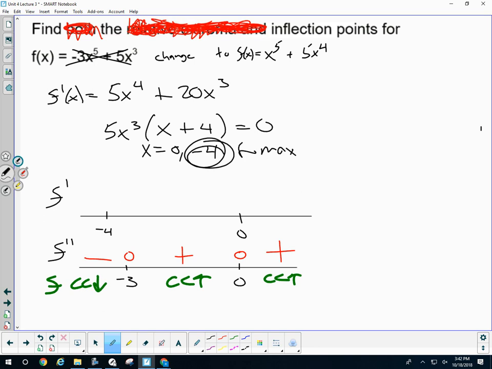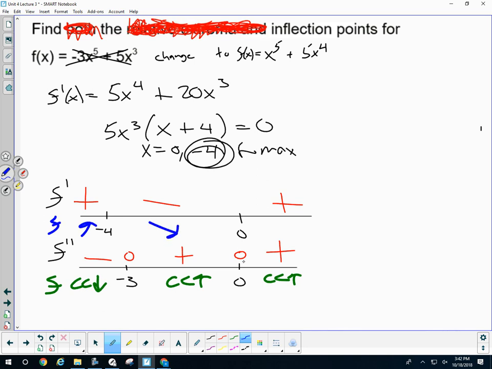So this is a negative times negative, which is a positive. Plug in negative 1. Negative 1 cubed, negative. Negative 1 plus 4, positive. So this is a negative. I plug in something like 1. 1 cubed, positive. 1 plus 4, positive. So this actually, we knew was a max. And this is confirming that it's a max, because I know that f is going up and then down.